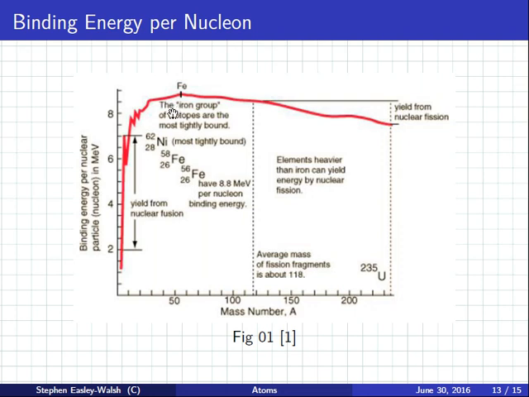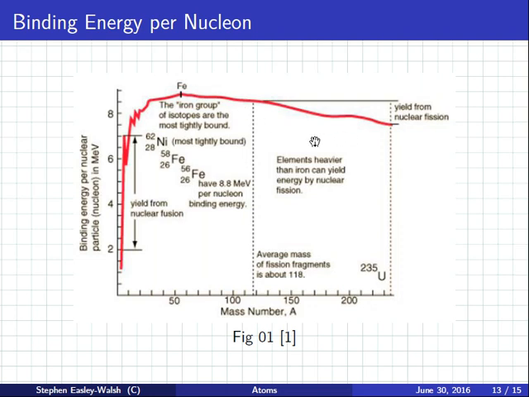So iron is the most difficult thing to separate. Its binding energy is very strong per nucleon. But once you pass iron, it starts to decrease again.